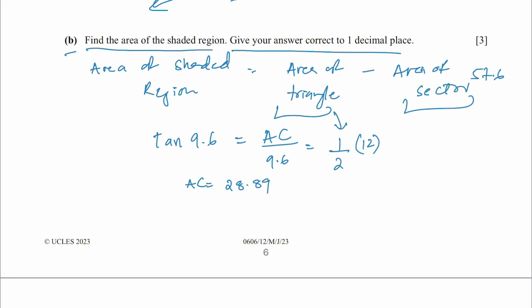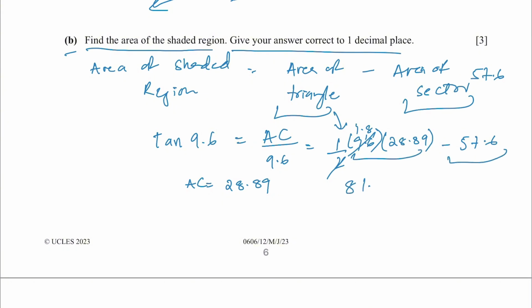Our base was 12, our height can be 28.89, and this would be subtracted by 57.6. Sorry, this was 9.6. It wasn't 12, it was 9.6. So this would be cancelled out, and 2 4s are 8 and 1 4.8, and these two would be multiplied, then this would be subtracted from here. So we'll get our final answer as 81.1. So this is our final answer.